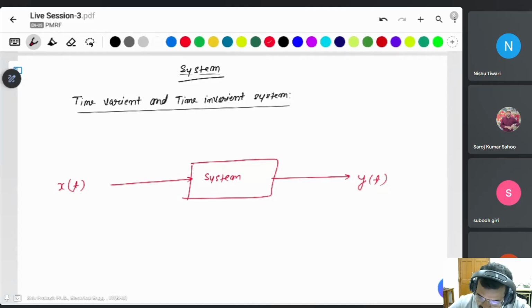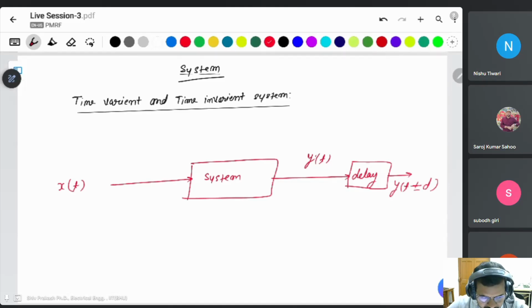First condition, suppose you want to add some delay on the output signal. The output will be y(t plus or minus d), for any delay. If you delay, then minus; if you advance, then plus.